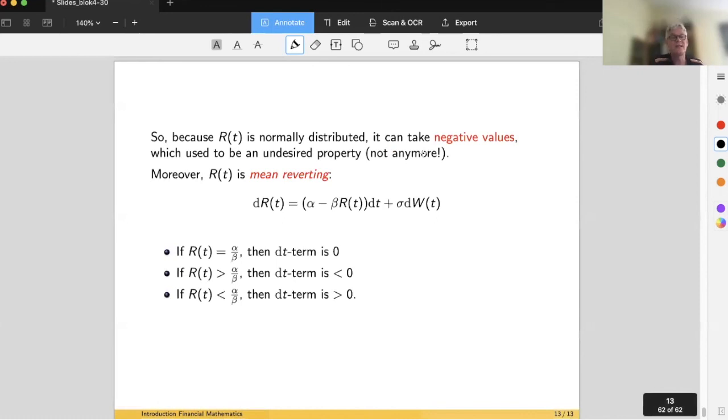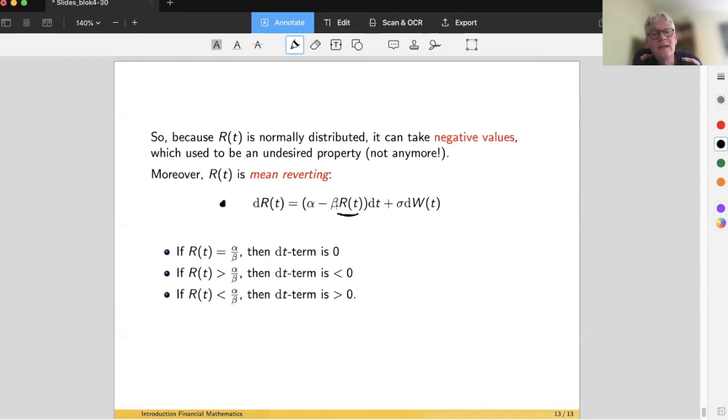Well, the other thing is that we see a mechanism in this process, which is also an economic mechanism, and that is the mean reverting property. What does that mean? It means that there is a mechanism mathematically modeled in this SDE, which we also observe in practice. First of all, if R(t) is equal to alpha over beta, then the dt term is equal to 0.